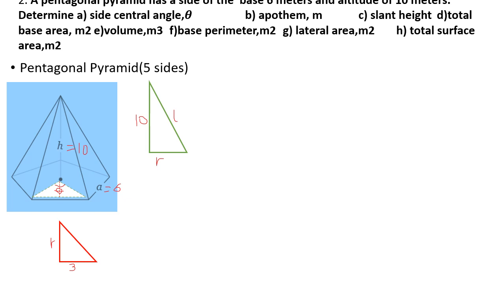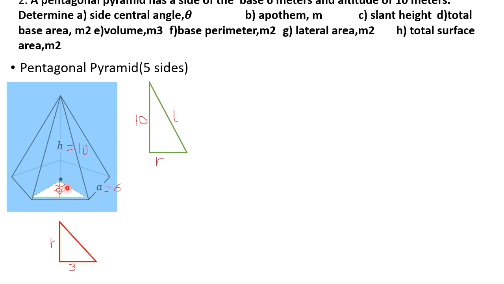A pentagonal pyramid has a side of 6 meters and an altitude of 10 meters. Determine the central angle theta. You have 10 meters and side 6 meters. Apothem is the distance from the center of the pyramid up to the midpoint of the side.